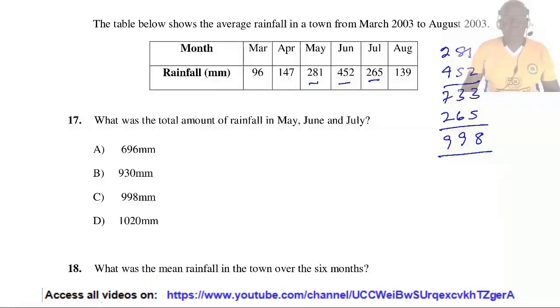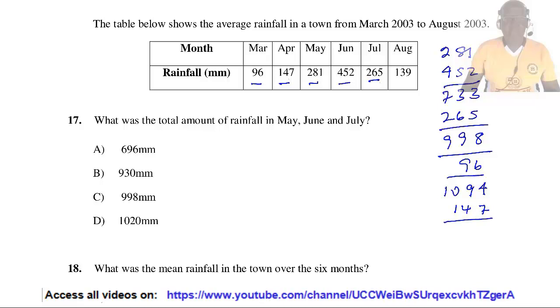Question 18. What was the mean rainfall in the town over the 6 months? We shall add 96 to the above total.